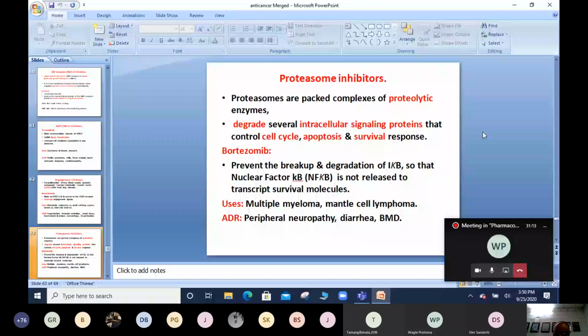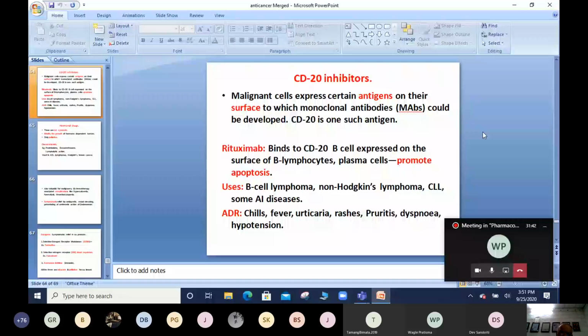Next target, CD20 inhibitors. Now what is this CD20? It is an antigen. Certain malignant cells express certain antigens on their surface to which monoclonal antibodies are developed.